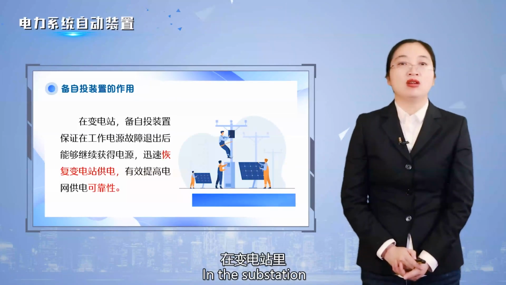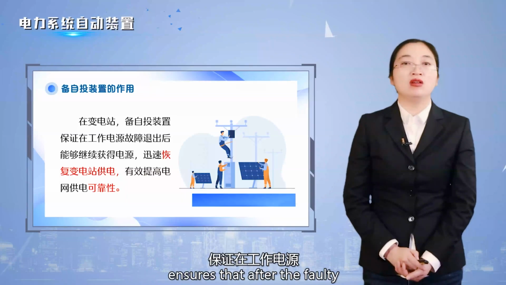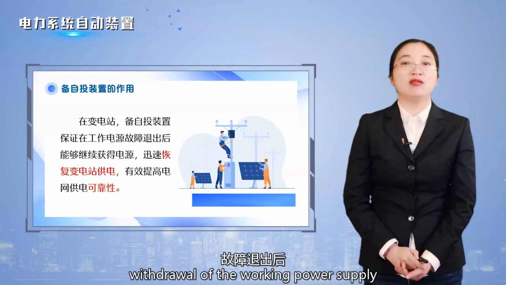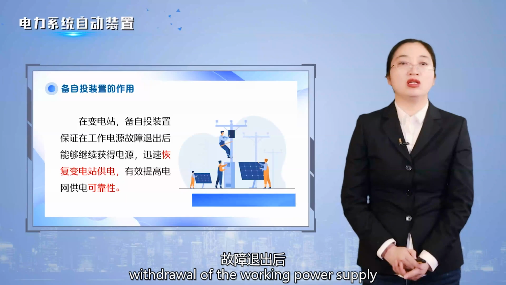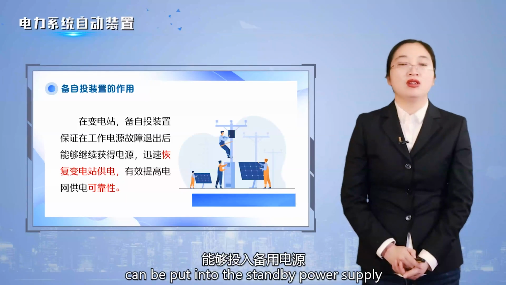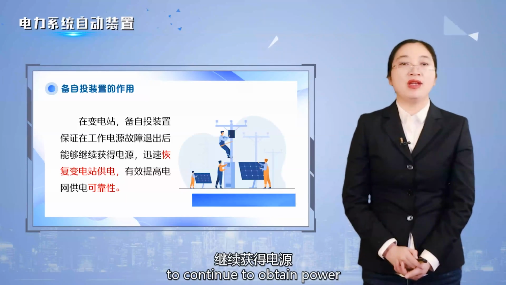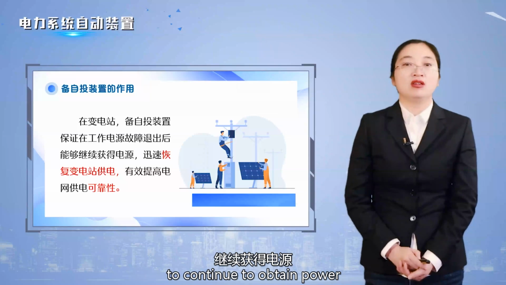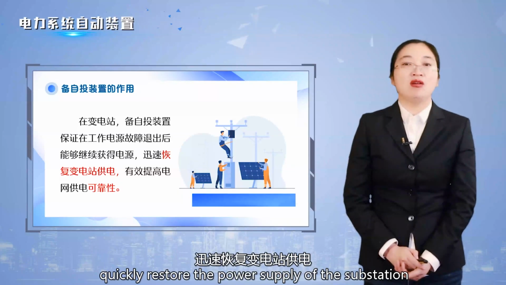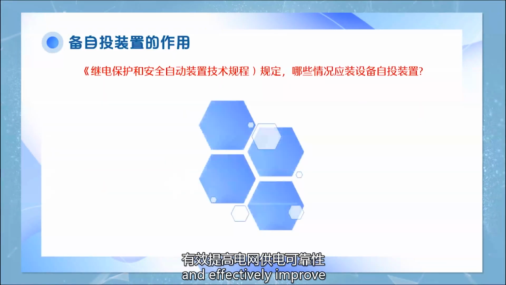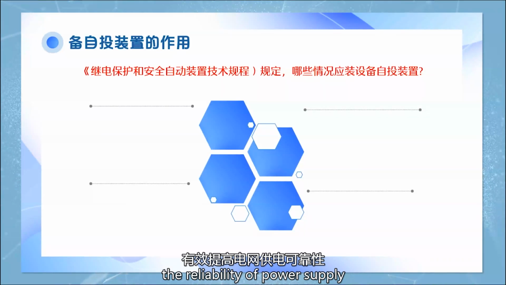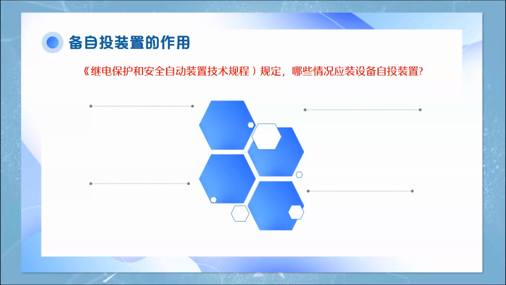In the substation, BZT ensures that after the faulty withdrawal of the working power supply, the standby power supply can be put in to continue to obtain power, quickly restore the power supply of the substation, and effectively improve the reliability of power supply of the electric power network.